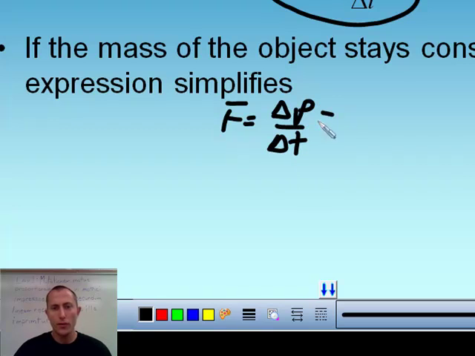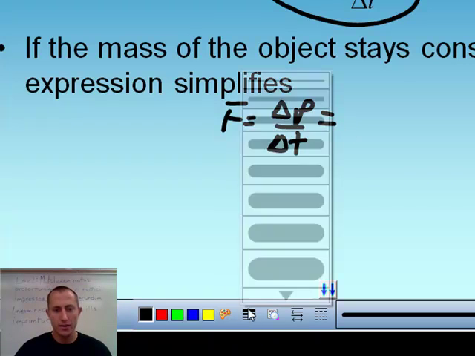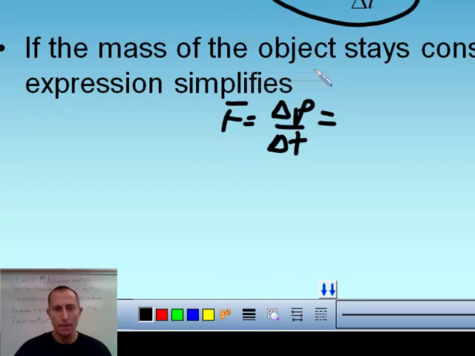And so what really is, let's thin this out a little bit, what is delta P? It's the change in momentum, right? And so if we say it's equal to the final momentum minus the initial momentum over delta T.